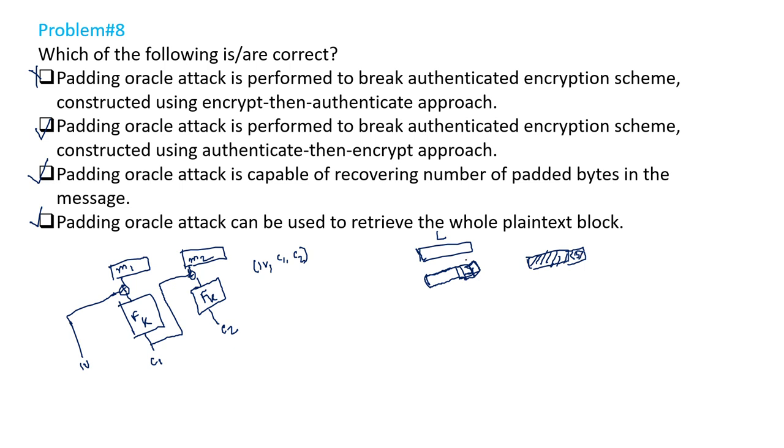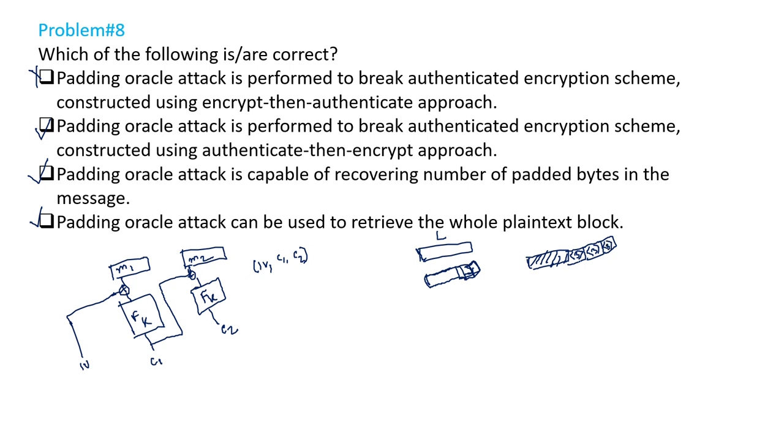So you have 5 bytes, you need 3 more bytes to make it a whole 8 byte block. So you actually put the byte representation of 3 in the last 3 bytes.